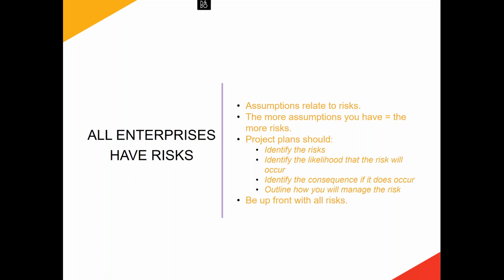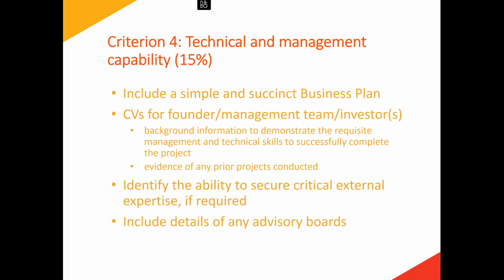Just on criterion 4 about technical and management capability, that's at 15%. Include a simple and succinct business plan. Keep in mind with any attachments, same with CVs, they need to be succinct and targeted.